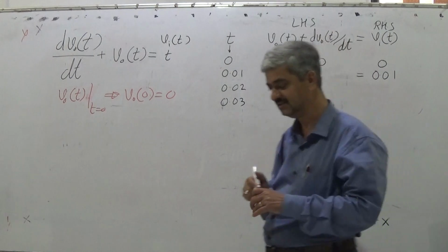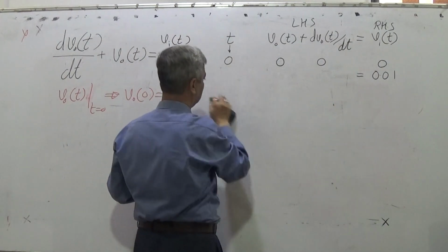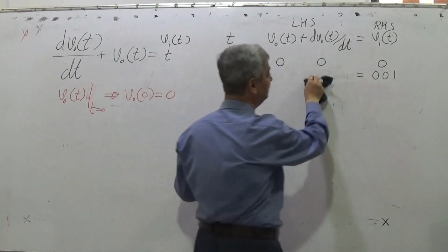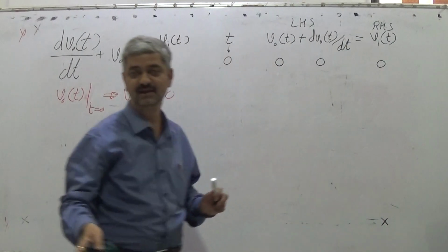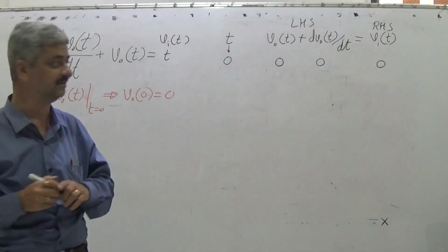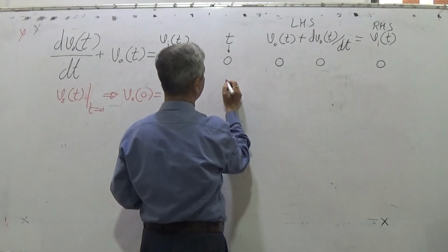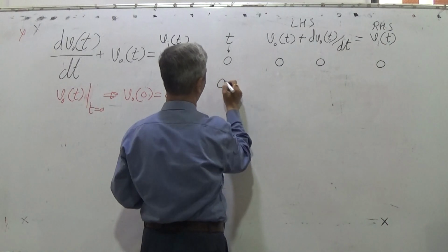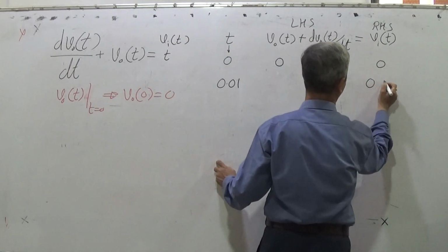So see, I'm trying to explain it in a very simple format. Listen, I am taking differential equations to a high school level understanding. Right now I take the actual value 0.01.